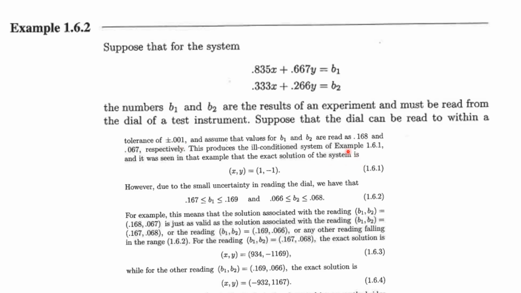So that means that the values that were read were 0.168 and 0.067, respectively. Well, we've already looked at this one. We knew that the exact solution of the system was this, but the small uncertainties that we have at the dial could have us having solutions looking like this or like this, dramatically different. You see, we don't know.